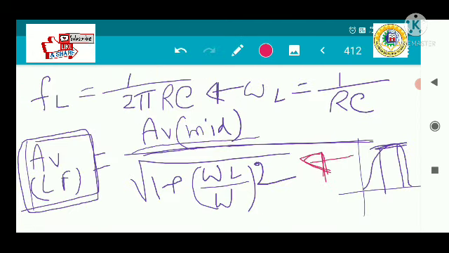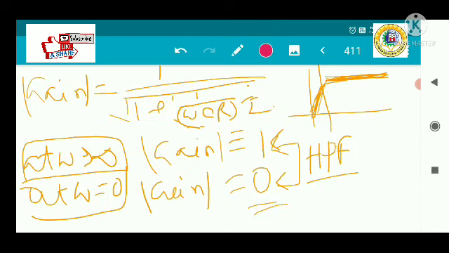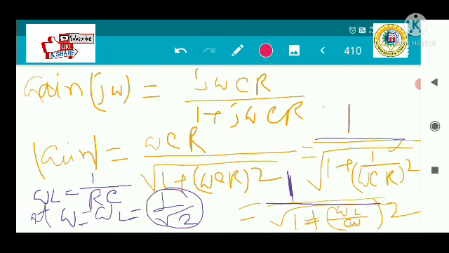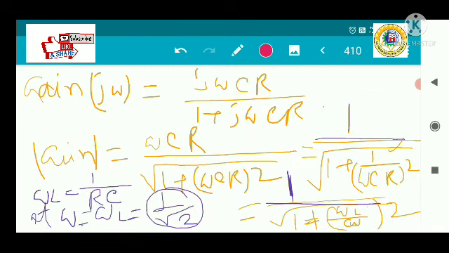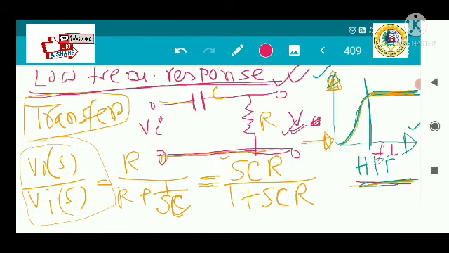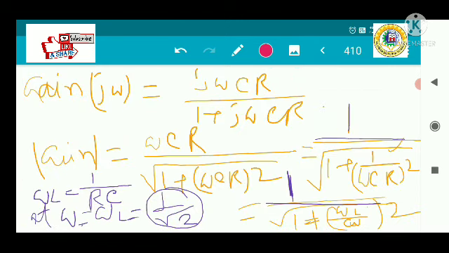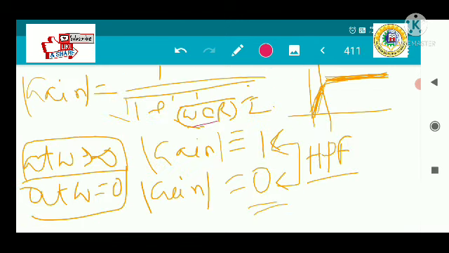Whenever we study the BJT, we must compare it with this circuit and try to determine the cutoff frequency. Otherwise this circuit is not important here, because it is very easy. This circuit's response is the same as the BJT, so that's why we have studied it and derived the equation based on this, and from there calculate the cutoff frequency.